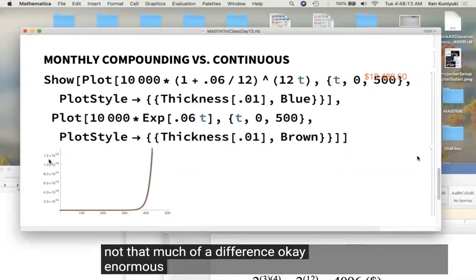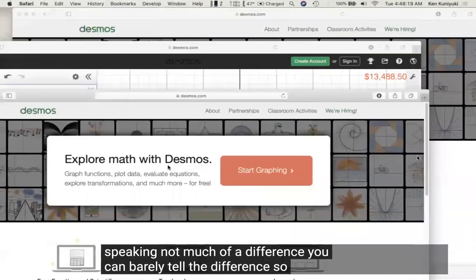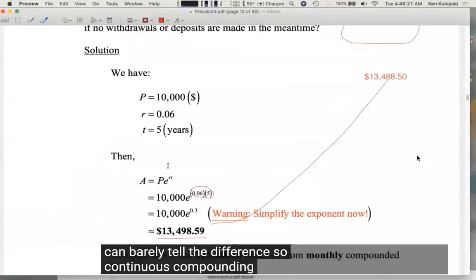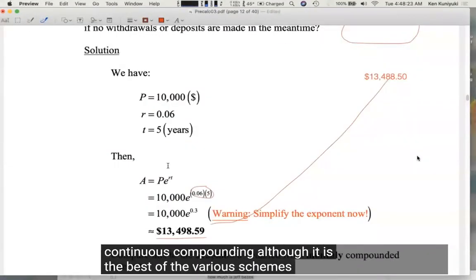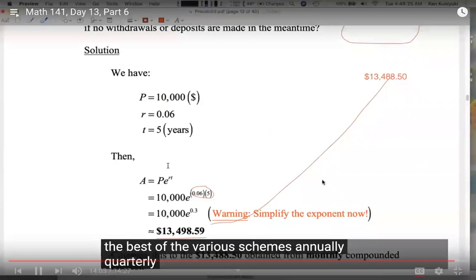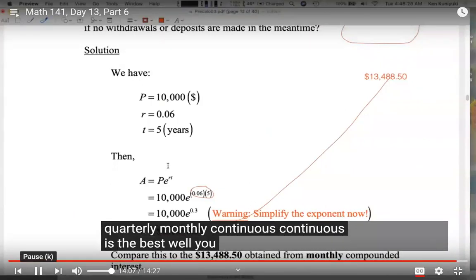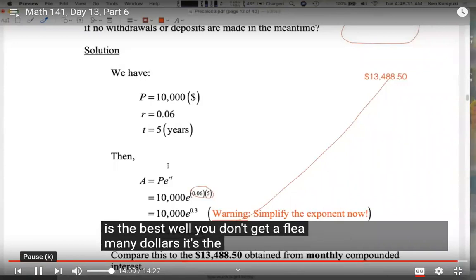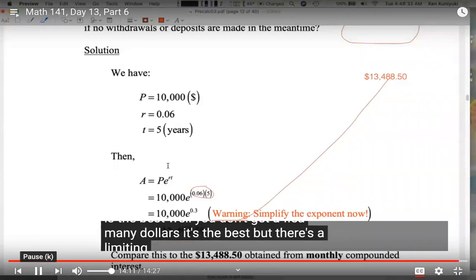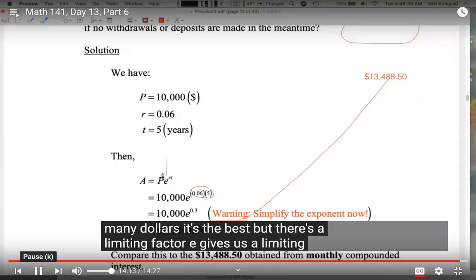Enormous scale here, but relatively speaking, not much of a difference. You can barely tell the difference. So continuous compounding, although it is the best of the various schemes, annually, quarterly, monthly, continuous is the best. Well, you don't get infinitely many dollars. It's the best, but there's a limiting factor. e gives us a limiting factor.